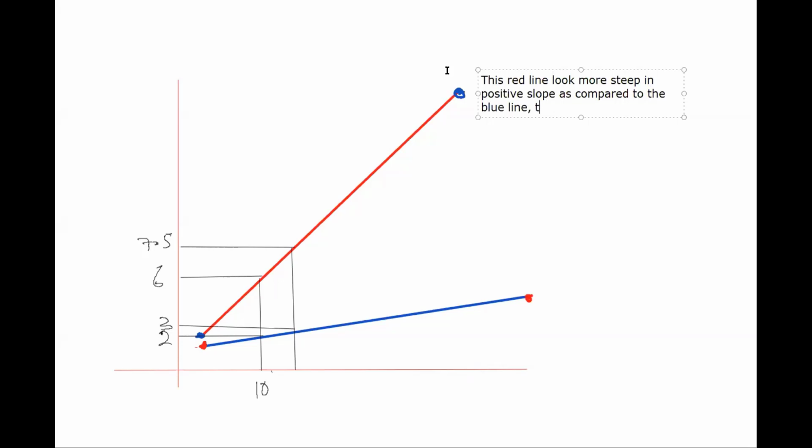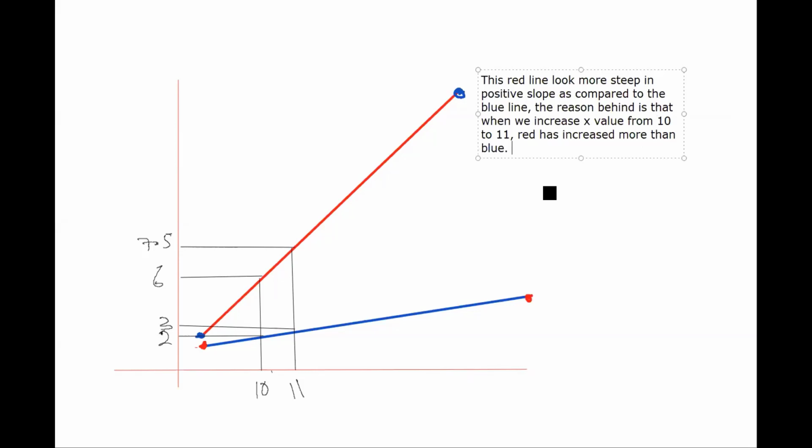The reason behind it is that when we increase the x value from 10 to 11, red has increased more in y than blue.